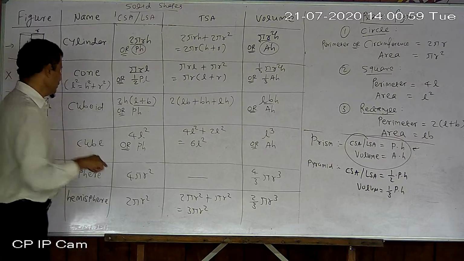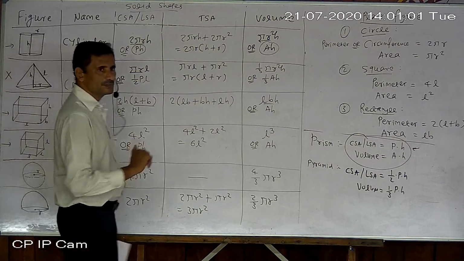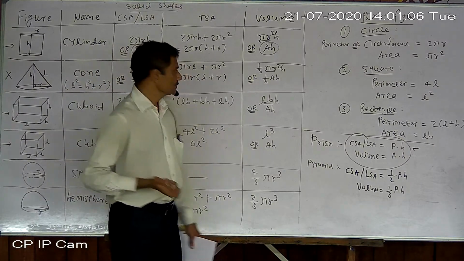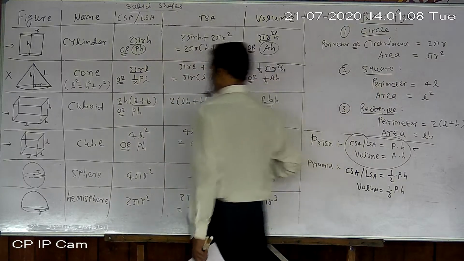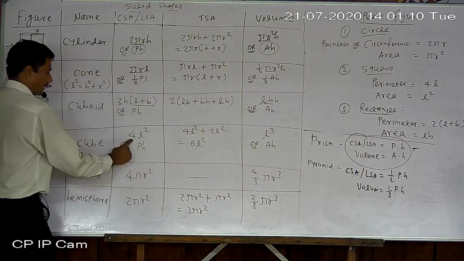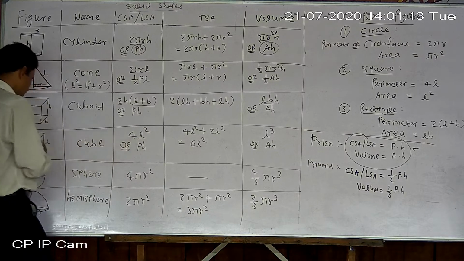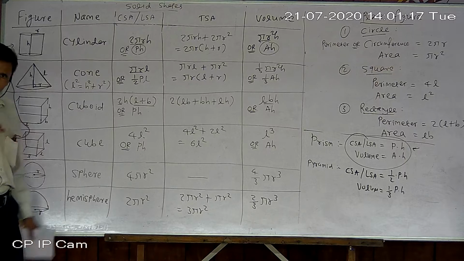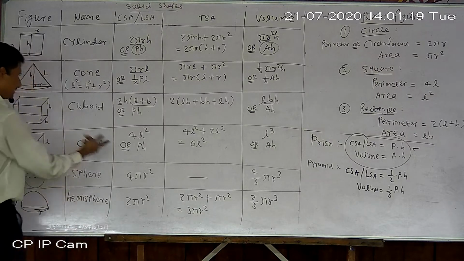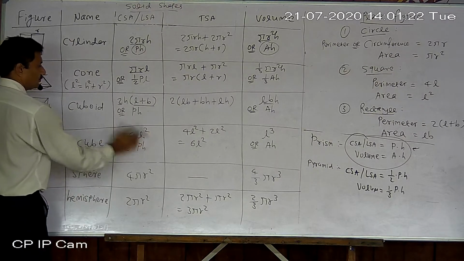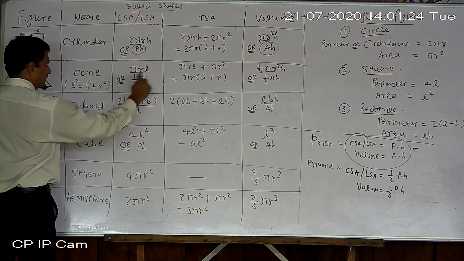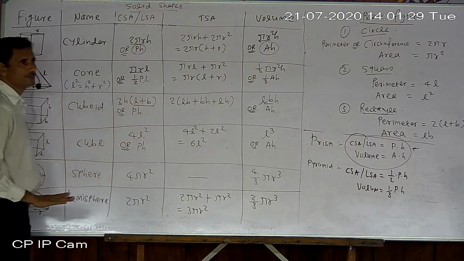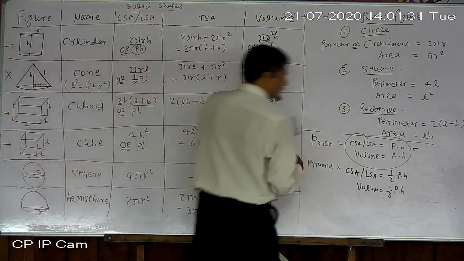Now in a cube, the base of the cube is a square, so the square's perimeter is 4L. So here 4L into H, but H is also L. Length, breadth and height are all L only, so no other symbol is there. So 4L into L, 4L squared. So 2 pi r h, 2(L plus B) h and 4L squared, you just get from this formula only. And these are the two-dimensional perimeter formulas.